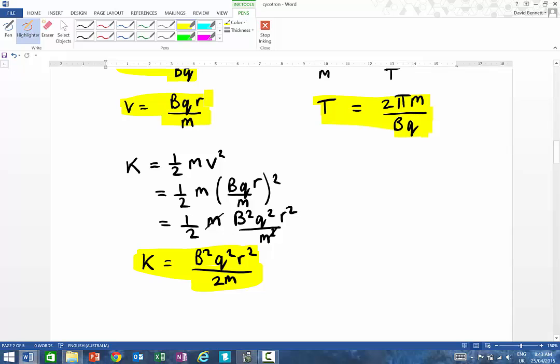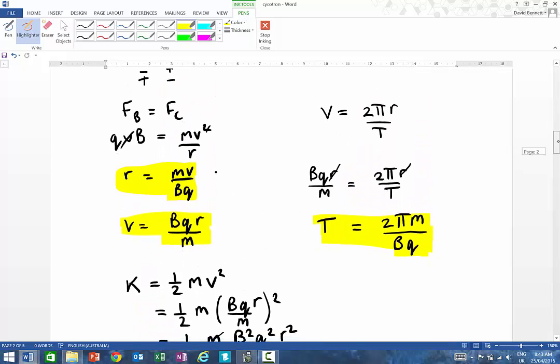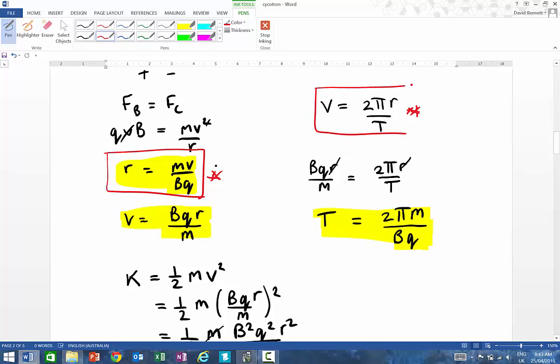And again, if you think about it, you're starting from a very, very simple base. You're starting from this formula here, and you're starting from this formula here. And everything else is derived from those two formulas. So if you can get to that formula there, and that formula there, you can derive anything from pretty well those two forms. So you need to play around with that, get familiar with it.